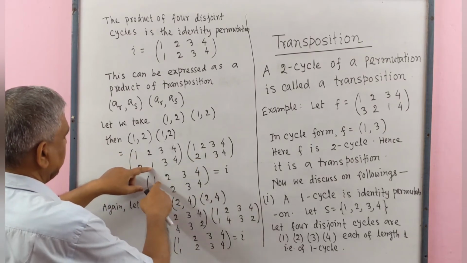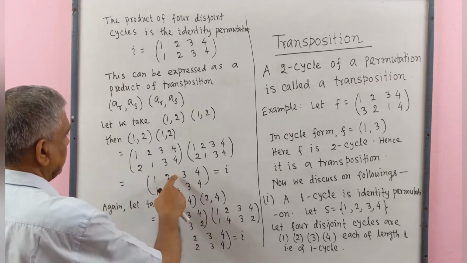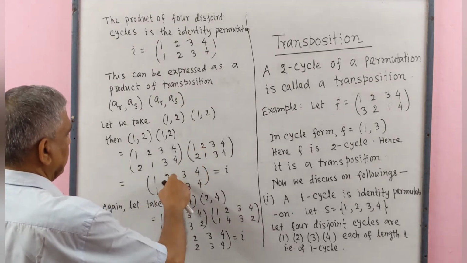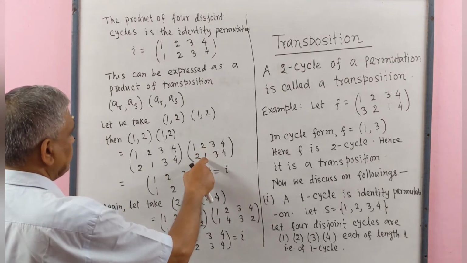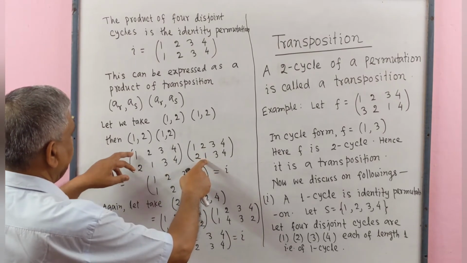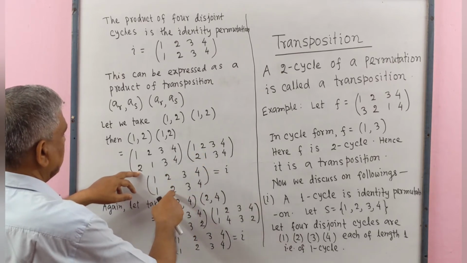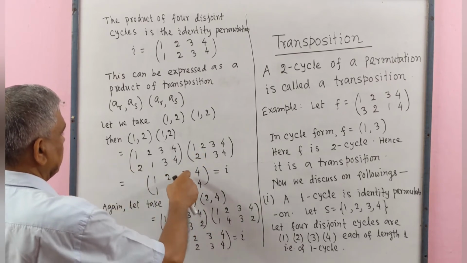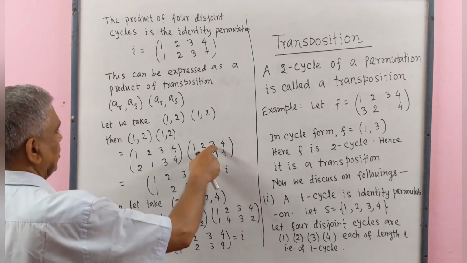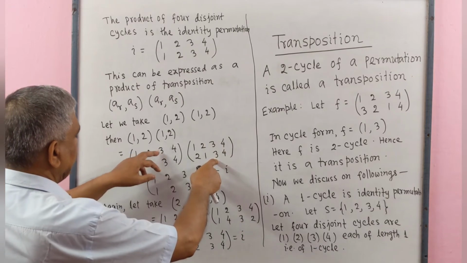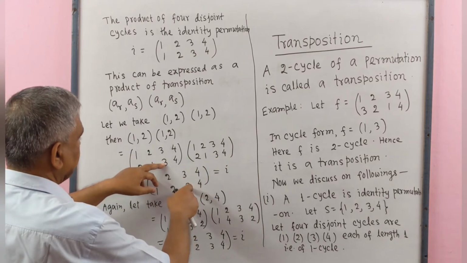So we write 1 under 1. Now we calculate for 2. Here image of 2 is 1 and image of 1 is 2. So 2 under 2. Here 3. Image of 3 is 3, and here image of 3 is 3. So we write 3 under 3.